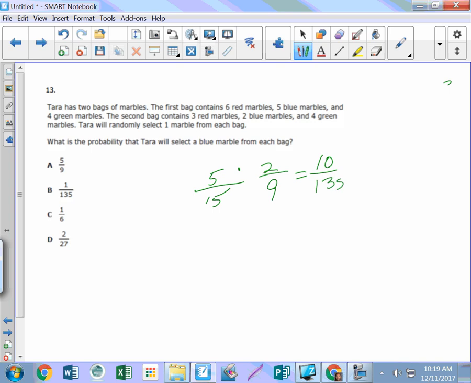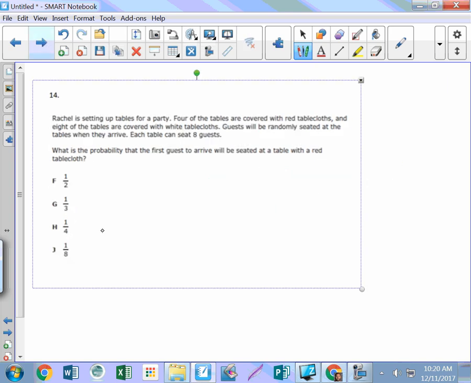That's 135. Reduce. Reduced by 2, that's not it. Reduced by 5. 5 divided by 5 is 27. So reduced by 5, that's 2 over 27. Answer is D.